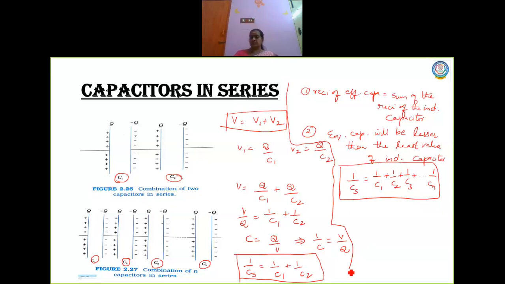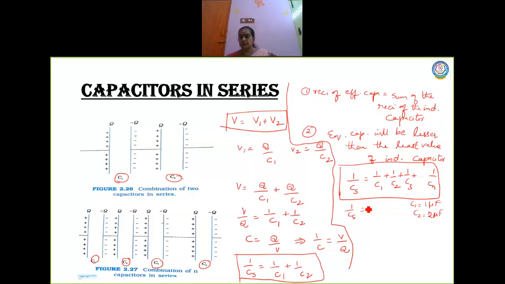Now let us take this formula, 1 by Cs is equal to, let us take two capacitances, 1 by Cs is equal to 1 by C1 plus 1 by C2. Take this formula. Now let us take the value of C1 to be 1 microfarad and C2 to be 2 microfarad.